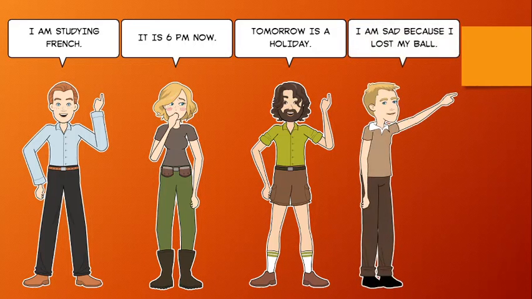Similarly, this boy says, I'm sad because I lost my ball. Well, there is a poem in class 10 CBSE First Flight, The Ball Poem. This boy reminds me of that boy. He has also lost his ball and perhaps he's sad. Yes, he says, I am sad because I lost my ball.